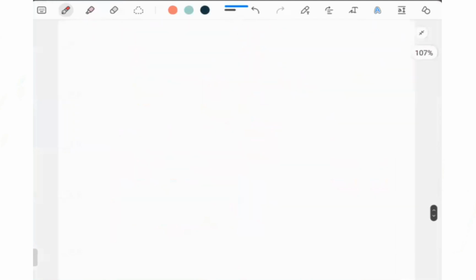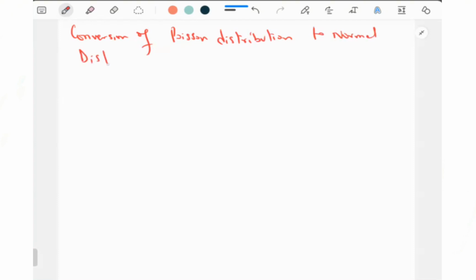Next concept is conversion of Poisson distribution to normal distribution.